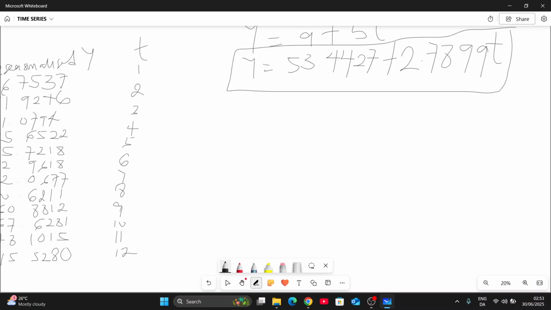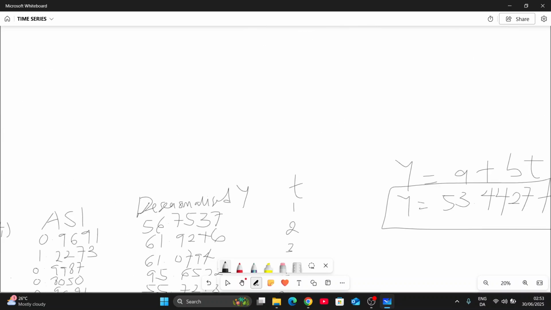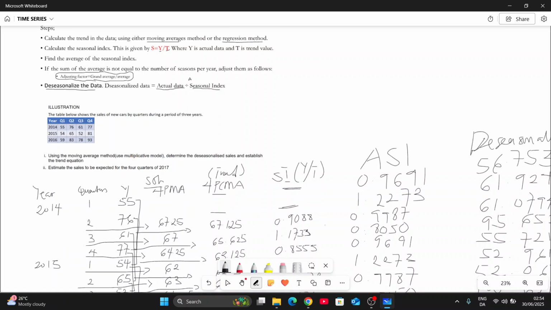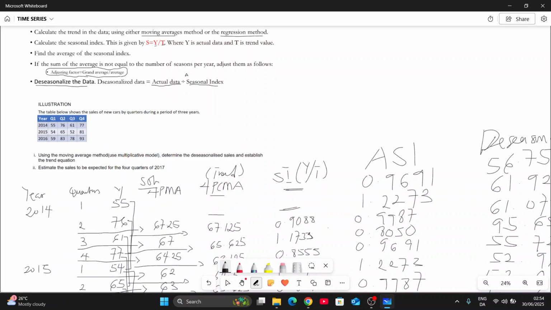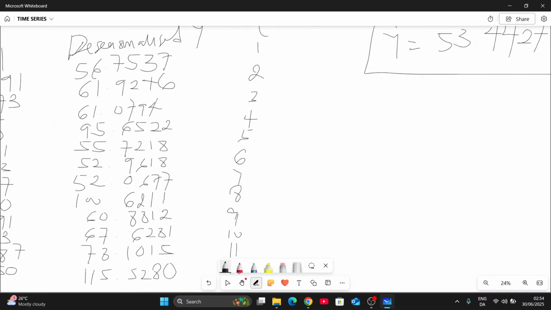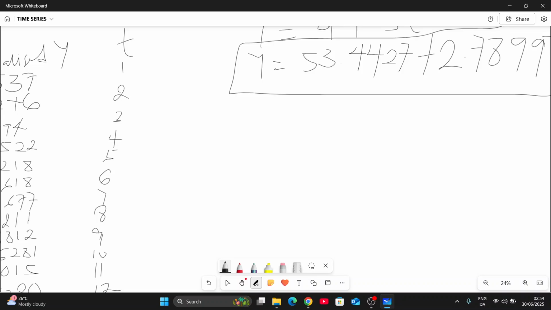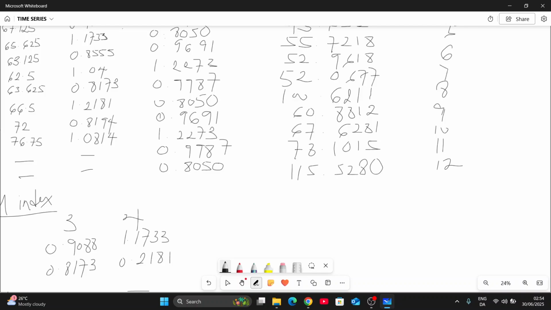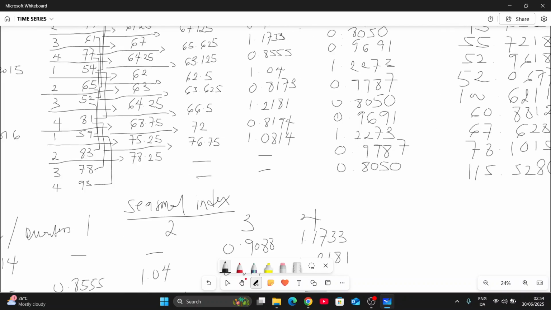Now we are to use this regression equation to find the estimated sales for the 4 quarters of 2017. So bear in mind that here we ended, the T was 12. That was for the last quarter in 2016.